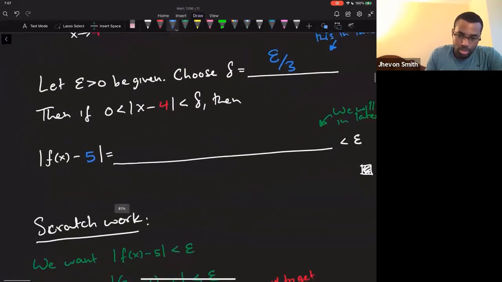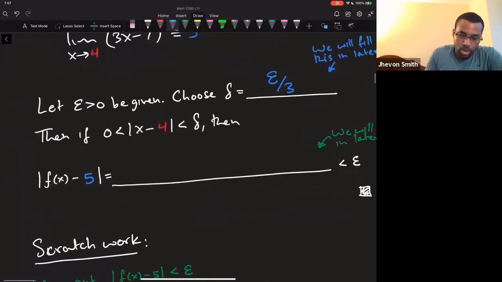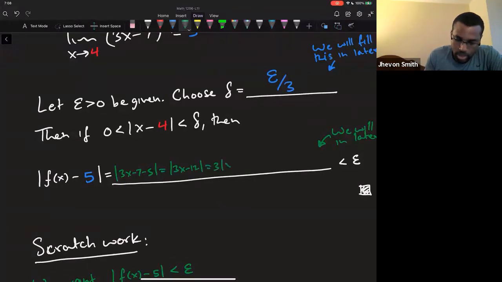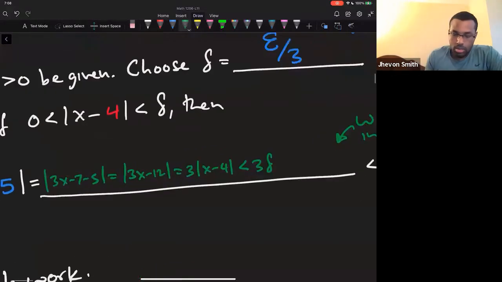How do you know I will get the result that you want? Well, try it. If you start plugging that in, this is going to be equal to 3x minus 7 minus 5. This is 3x minus 12, which is 3 times x minus 4. But I know that that is less than 3 times delta, because x minus 4 is less than delta.